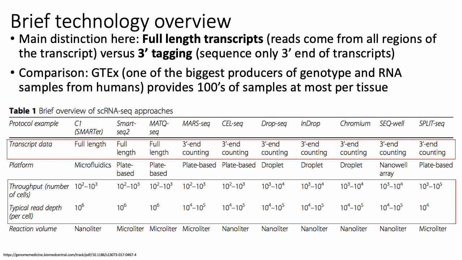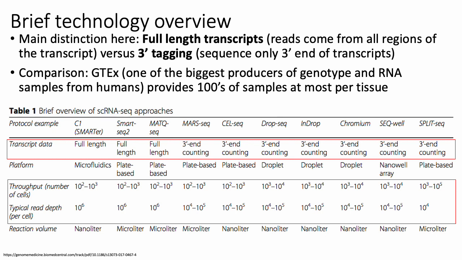So really the choice of full-length versus 3' tagging methods is a choice of how much information you want per cell. Typically the full-length approaches allow you to get more reads per cell, and they also in some sense give you more information per transcript, because since your reads come from all over any given transcript in principle, you can detect, for example, alternative splicing that occurs early on in the transcript.